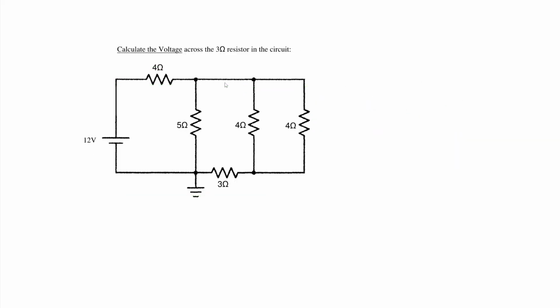For this problem, we are asked to calculate the voltage across the 3 ohm resistor in this circuit. So, identifying that our voltage across our 3 ohm resistor as V naught, let's go ahead and try to solve. Well, this circuit seems a little complex, so let's try to simplify it. Well, first I see a parallel branch of 2 identical resistors.